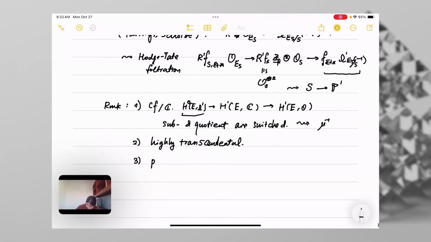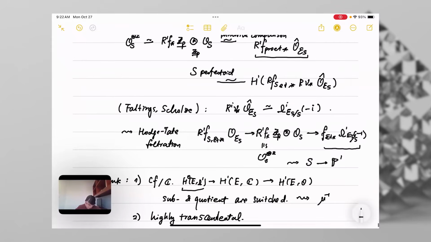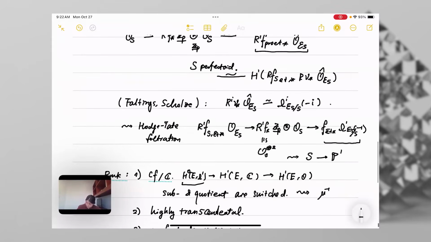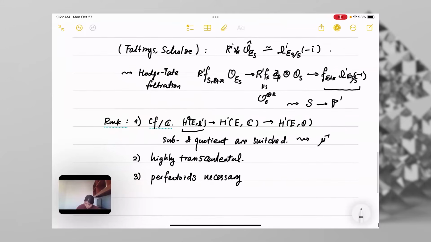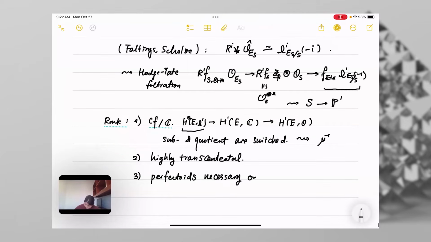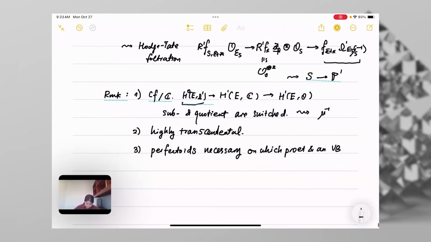And also from the construction, we see that working with perfectoid spaces is also necessary, because when we rewrite this thing here, we've used S being perfectoid to eliminate the difference between pro-étale and étale vector bundles, and even analytic vector bundles are the same in this case. Because to give this map to P1, you really have to find analytic subbundles.